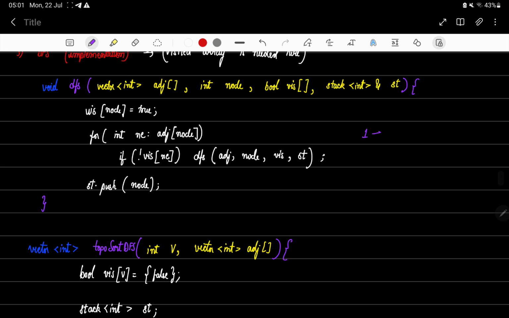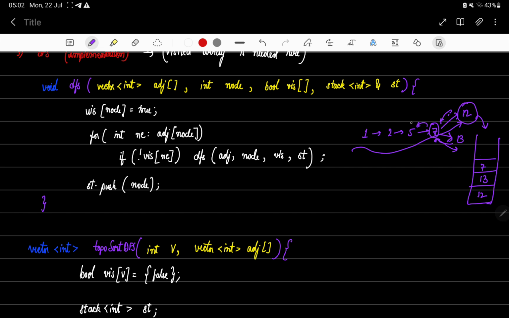What over here happens is, if this was my graph, then in the DFS way, I will just go to this completely, and over here I will push into the stack. 12 will be pushed, and then I will go to 13 and push 13, then come back to 7. Now I'll push 7. So now then again I'll come back to 5 in recursion, and then I'll push 5.